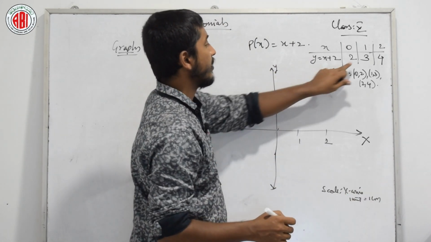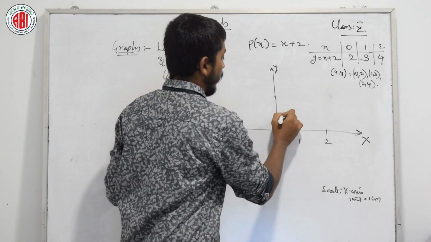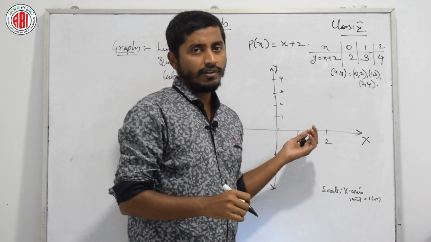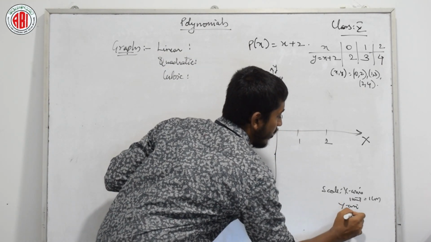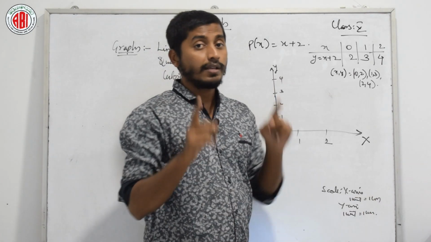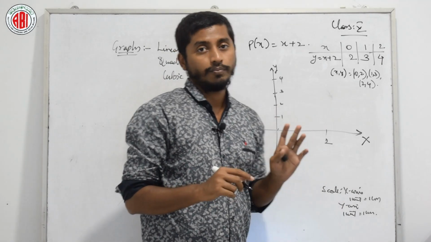What are the values of y? 2, 3 and 4. So 1, 2, 3 and 4. Here also we will do the same thing. Y axis, 1 unit is equal to 1 centimeter. In your exam you have to specify it. If you don't specify, the whole graph will go wrong.